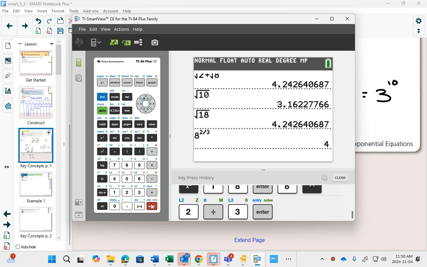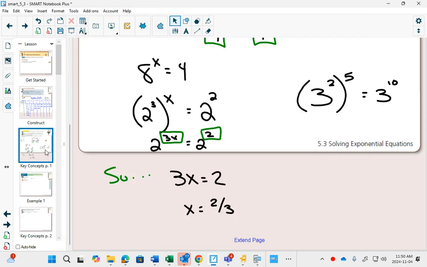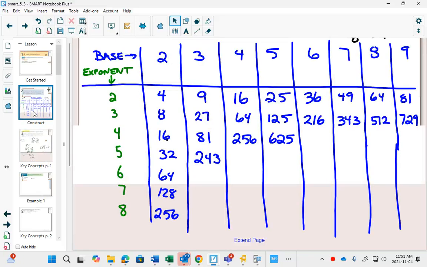So we're going to use this strategy: if I'm trying to solve an exponential equation without my calculator, my goal is to write both sides with the same base. I can use my powers chart to look in columns to see which of these bases will work.